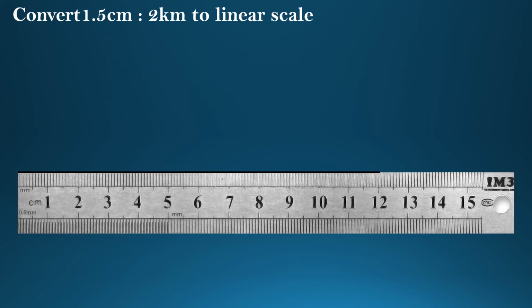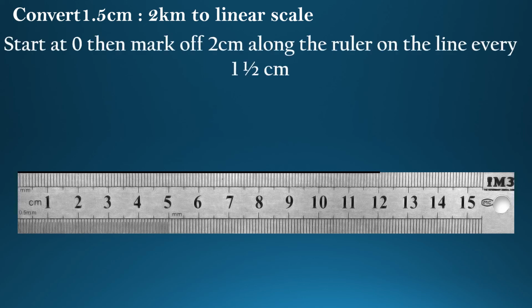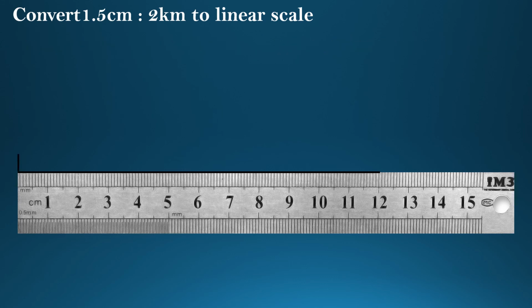Now on this line, we're going to mark off, starting at the 0, along the ruler, every 1.5 centimeters. So again, we're going to start at the 0, and every 1.5 centimeters, we're going to make our marking along the line.